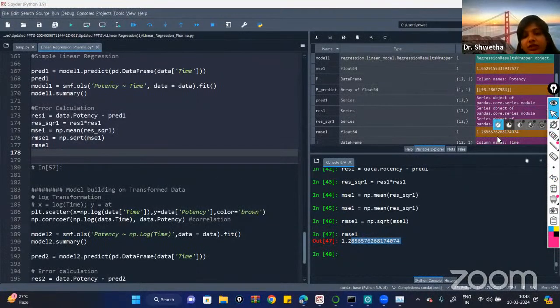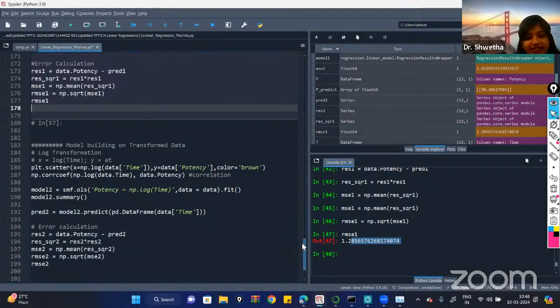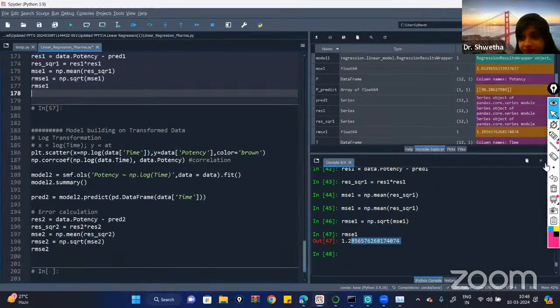Okay. Now, because we found that the data has a low R squared value, and also the error, that is RMSE, is a bit high, we are applying a transformation technique. We are transforming the data so that it fits the equation.